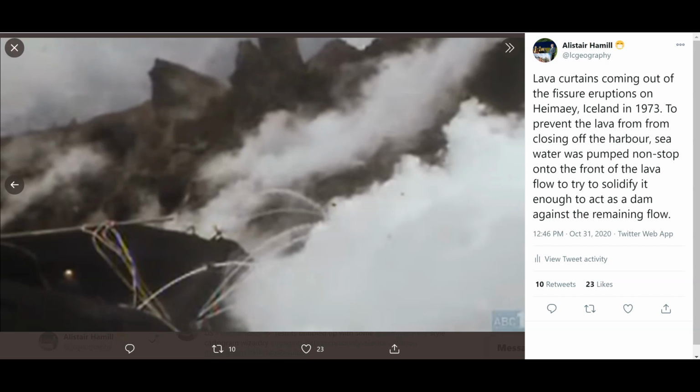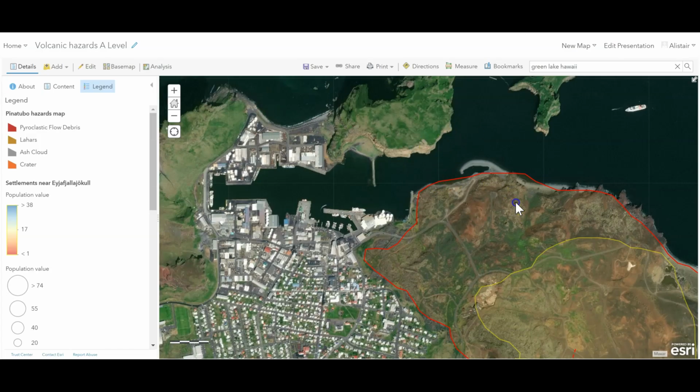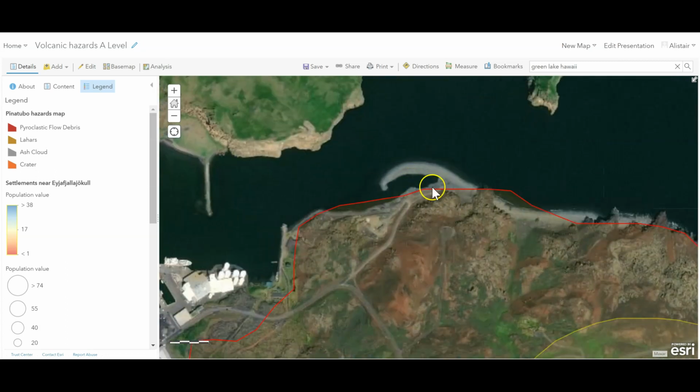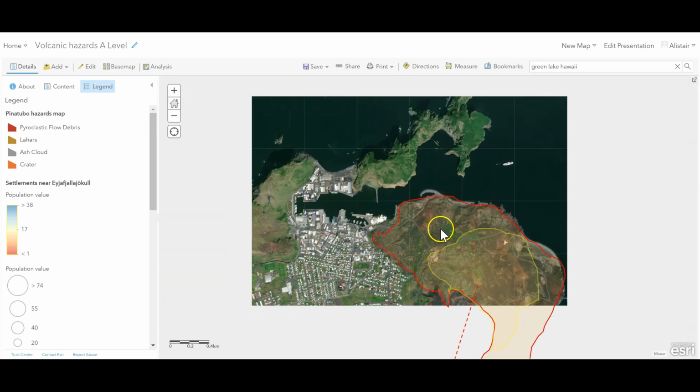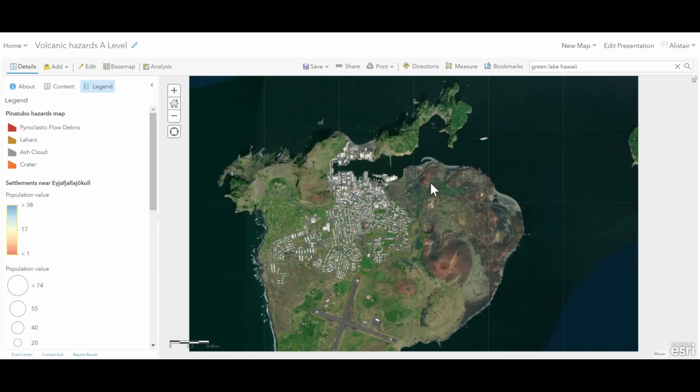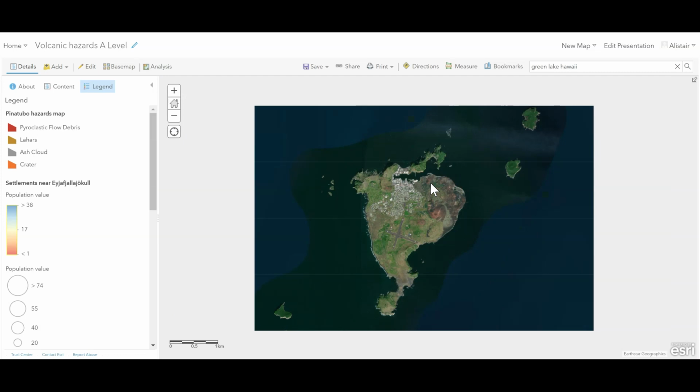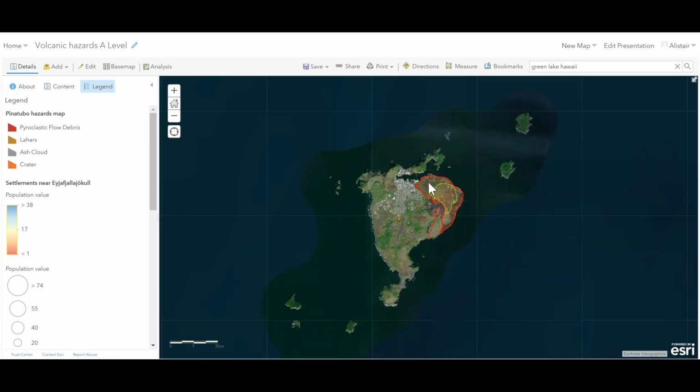Did it work? Well, yeah, it did. In fact, you can see here that in the decades since, a spit has formed there. So it did actually work here. But that's the one and only time I've heard of that happening, and it certainly didn't happen in Kilauea.